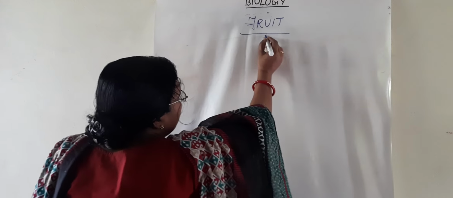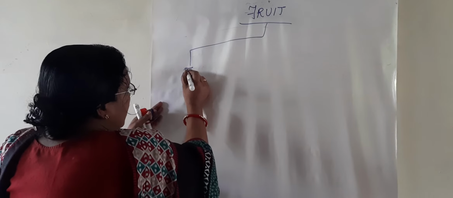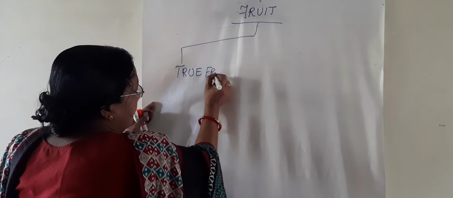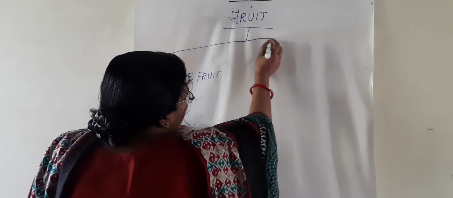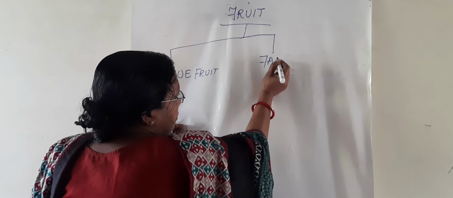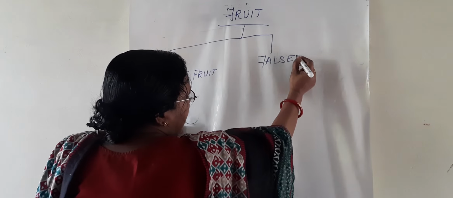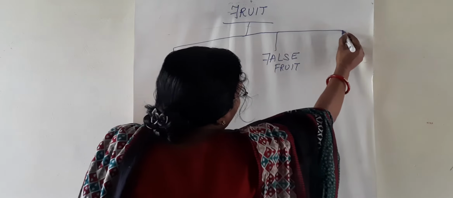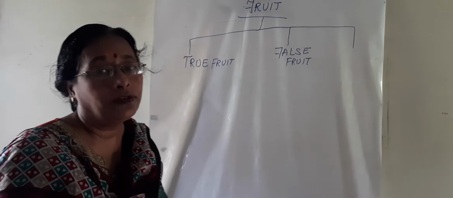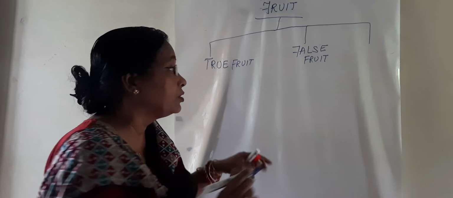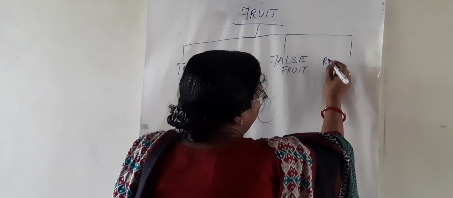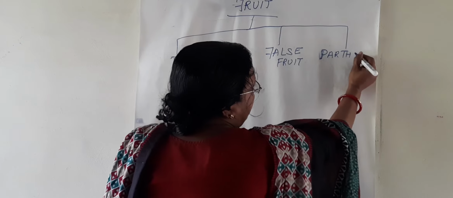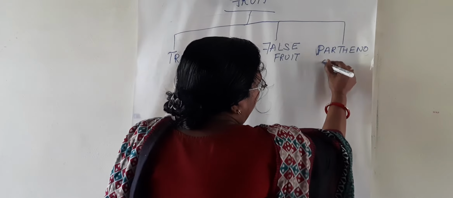So fruits are basically of two types, true fruit and false fruit. Then one more type of fruit we can say is parthenocarpic fruit.